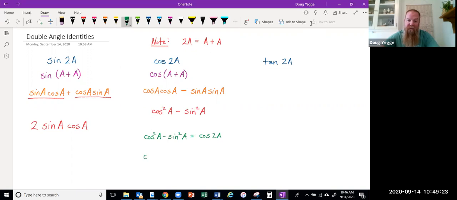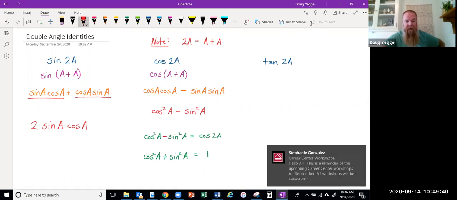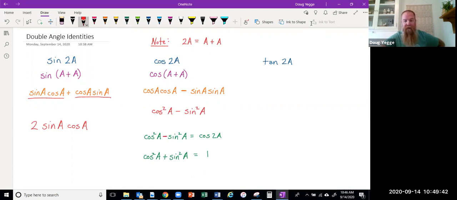That's much different than saying cosine squared a plus sine squared a, which is our Pythagorean identity. That's equal to 1. So be very careful with those, because even though these somewhat look similar, the fact that there's a minus sign in between cosine squared a and sine squared a says that it's actually going to be the double angle formula for cosine.